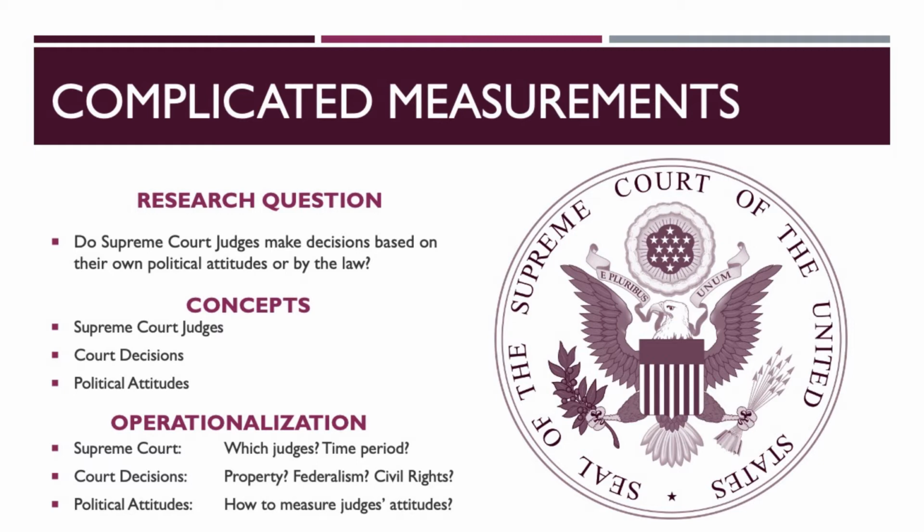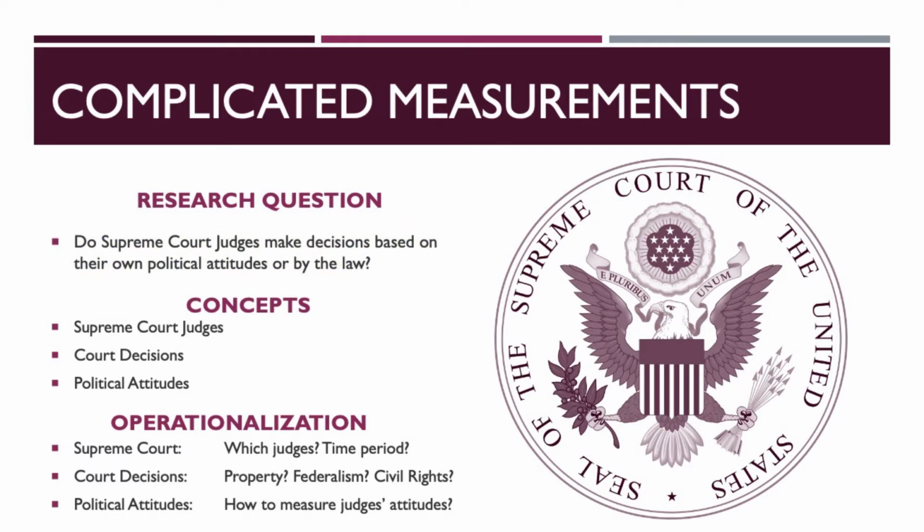Finally, you can see after years of doing this type of research, you can ultimately get to the point where you're having to operationalize very complex or abstract concepts that require a lot more data collection and analysis. So perhaps we had the research question, do Supreme Court judges make decisions based on their own political attitudes or by the law? And this is a very common research question in political science, but it's very difficult to answer.